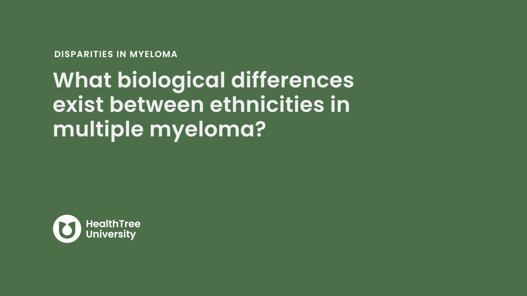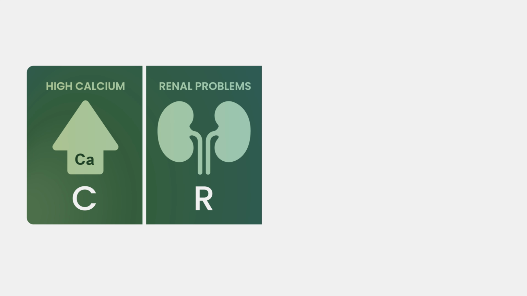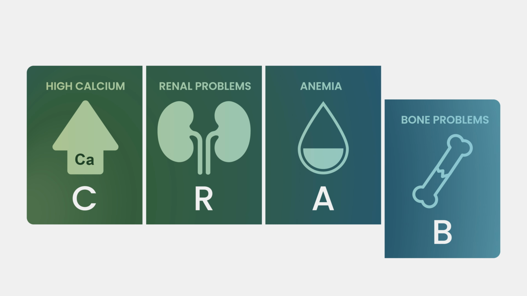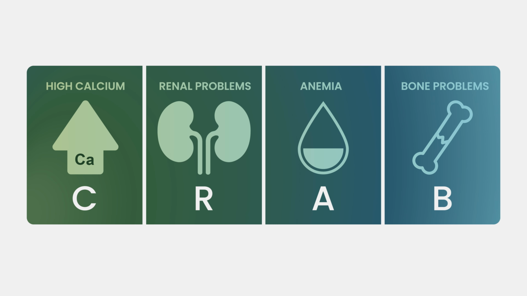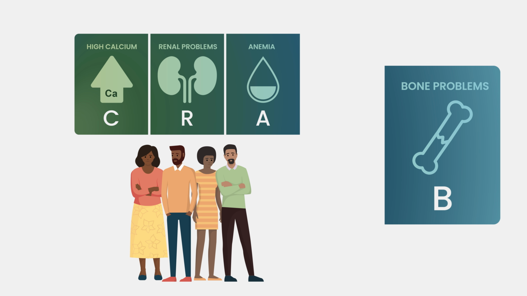What biological differences exist between ethnicities in multiple myeloma? One other thing that we see as a difference between ethnicities, and that's again more biologic, is that the myeloma defining events, the hypercalcemia, renal insufficiency, anemia, and bone disease. The CRA, the hypercalcemia, renal insufficiency, and anemia, are more common in African American patients than in Caucasian patients.